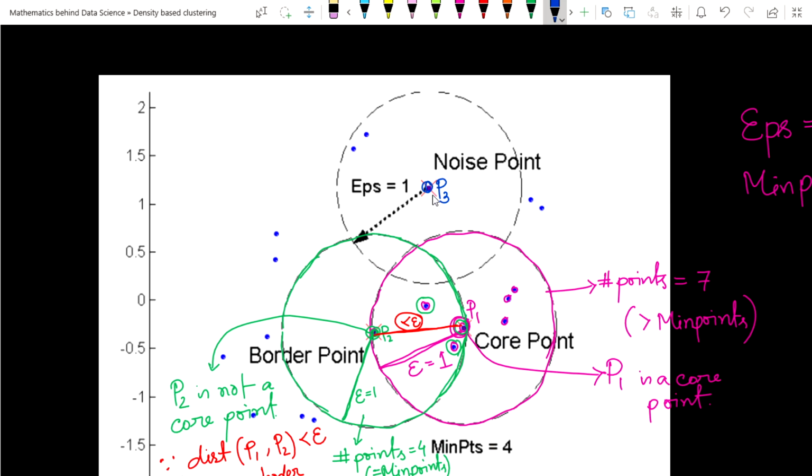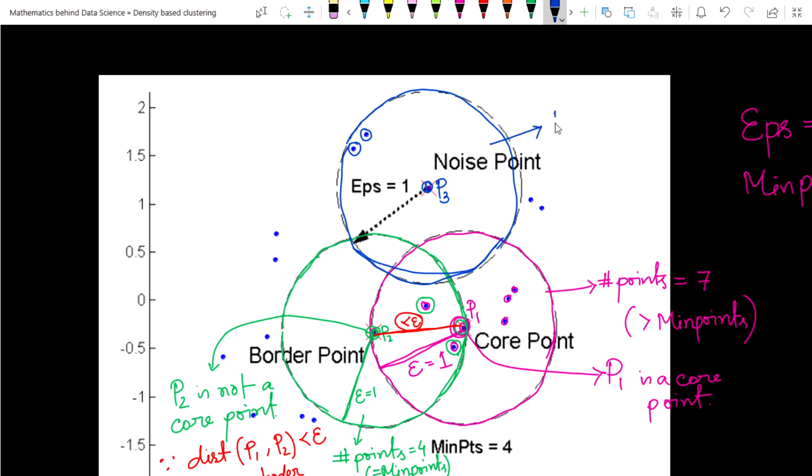For this P3, for this epsilon, this is epsilon 1, just see this region first. On this region, how many points do we have? 1, 2, 3.